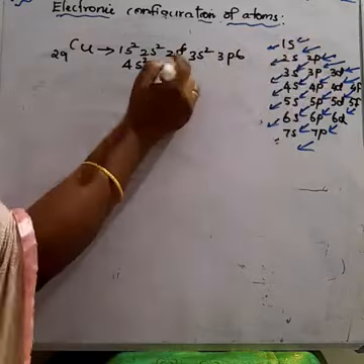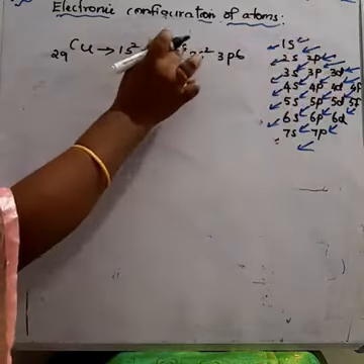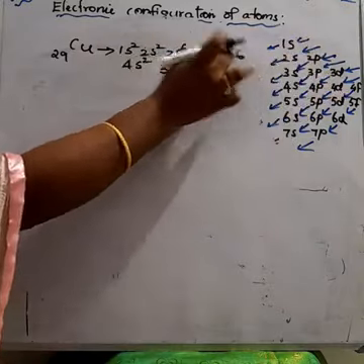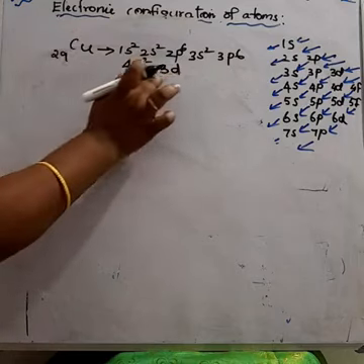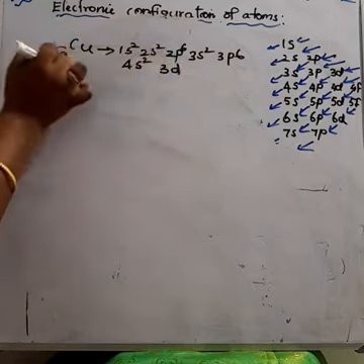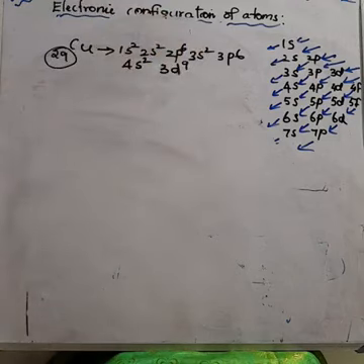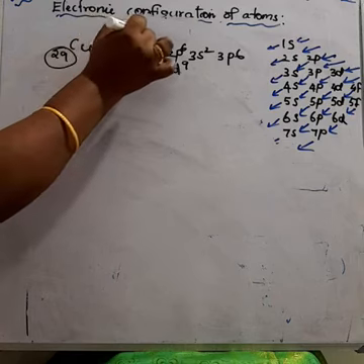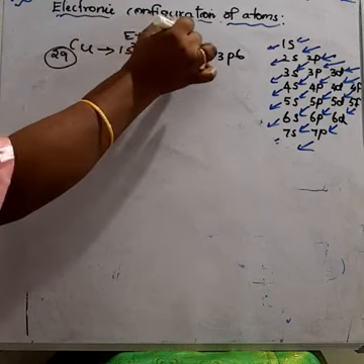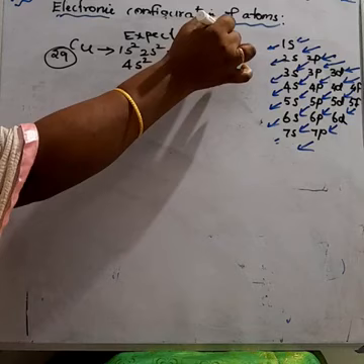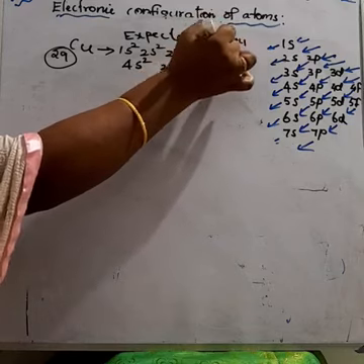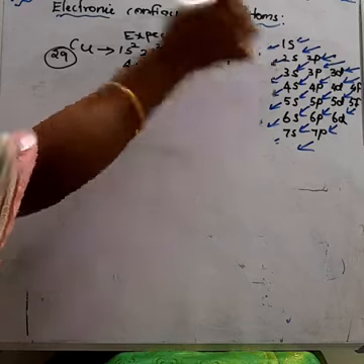How many? 2 plus 2 is 4, 4 plus 6 is 10, 10 plus 2 is 12, 12 plus 6 is 18, 18 plus 2 is 20, and then 9 electrons we need. So 3d9. This is the expected configuration according to the Aufbau principle.